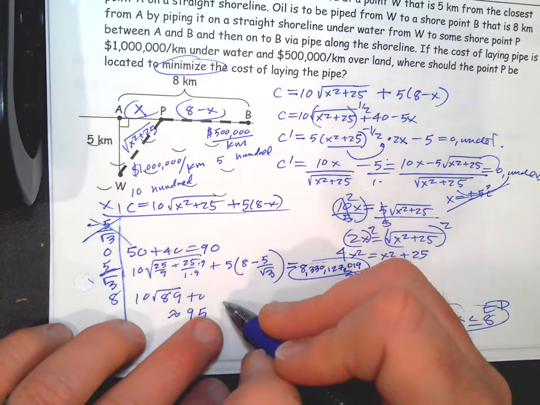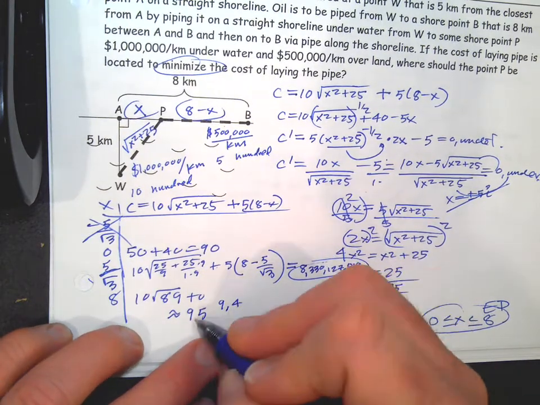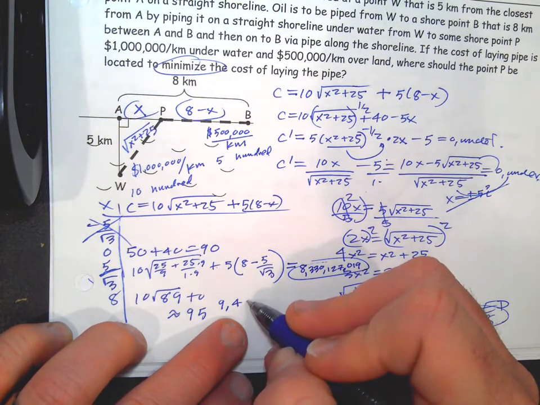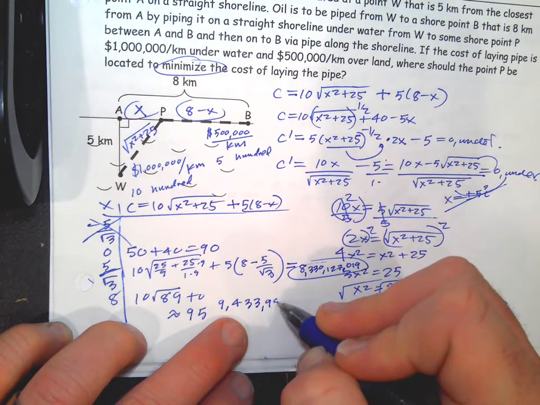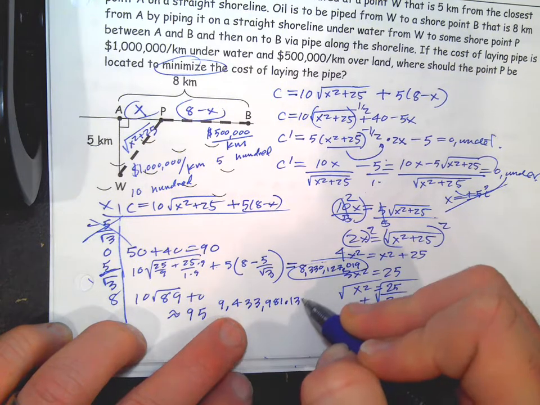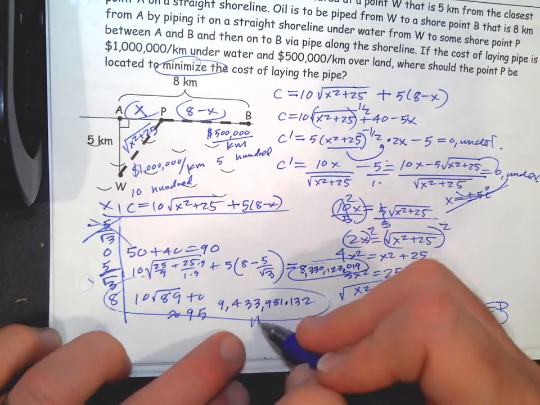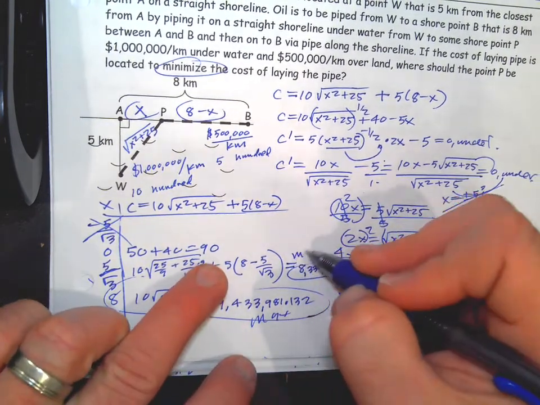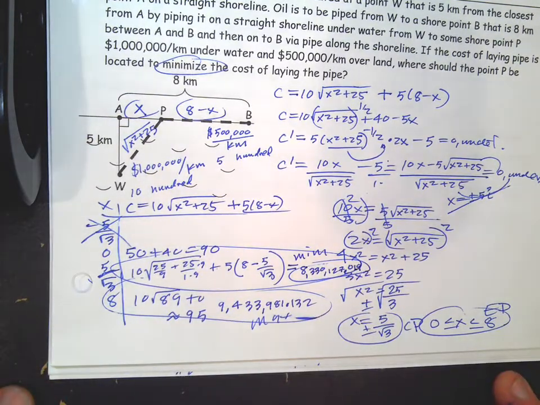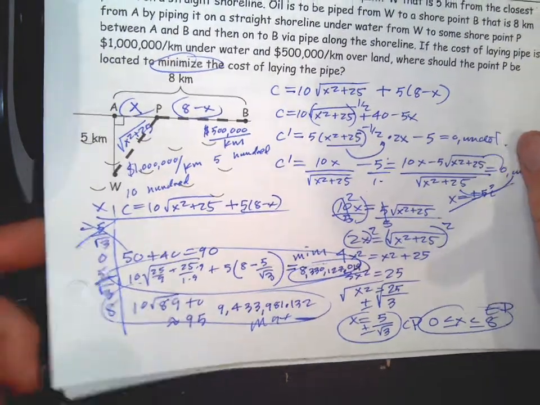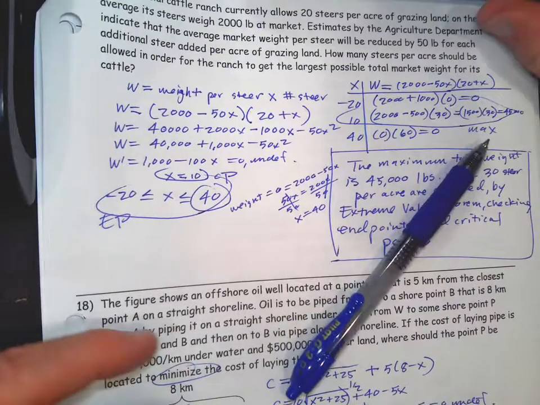This one is 9, because these are hundreds of thousands, so it's actually 9.4 million, 9,433,981.132. This is your max. This is your min. We're looking for the min. So here's your min. You still got to write an answer for it and justify it, but I'm going to stop my video right now because otherwise it might get sabotaged because I waited too long.